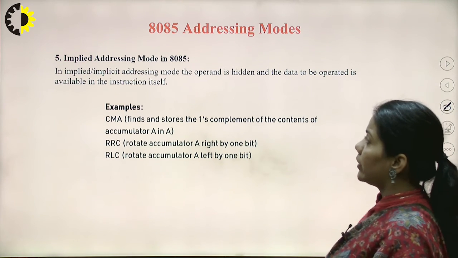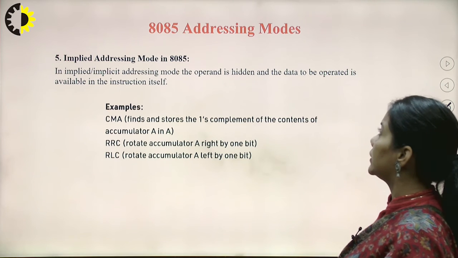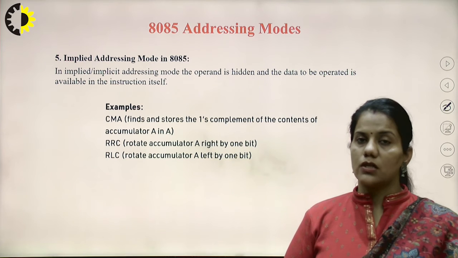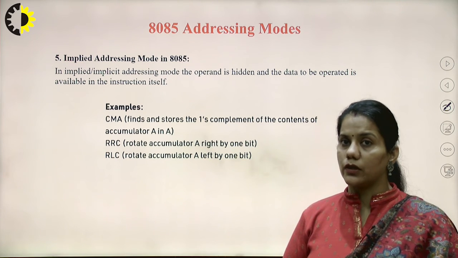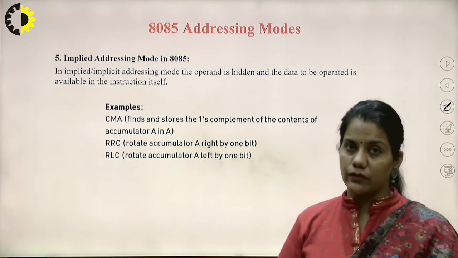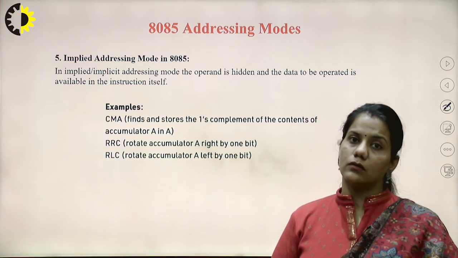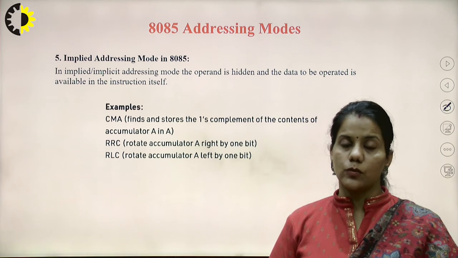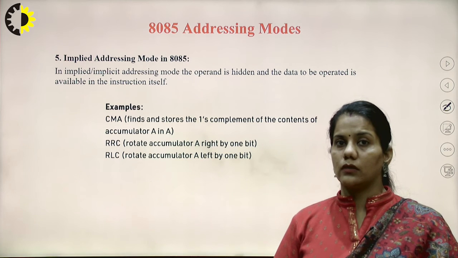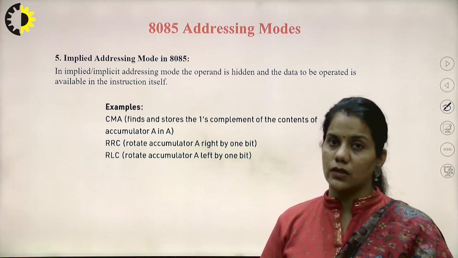Now next is the implied addressing mode in 8085. In implied addressing mode, the operand is hidden, and the data to be operated on is implied by the instruction itself. These instructions do not contain any operand, register name or address, but what is to be performed and on which operands is already understood through the instruction.